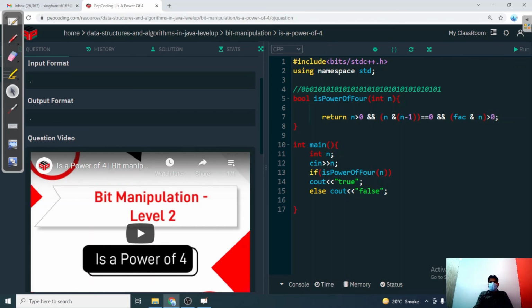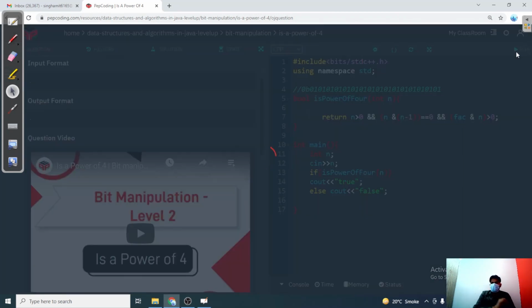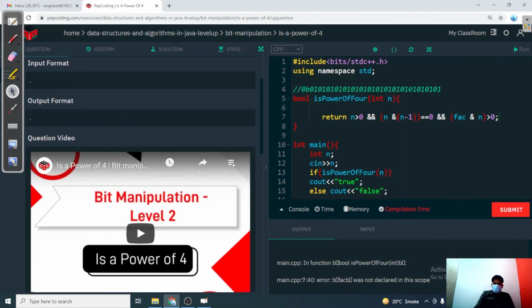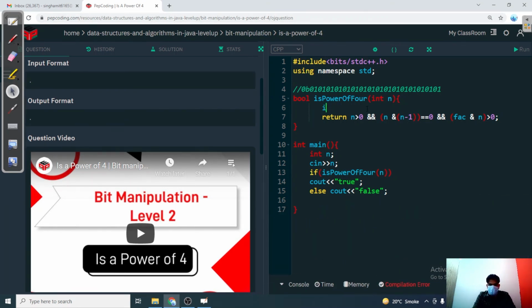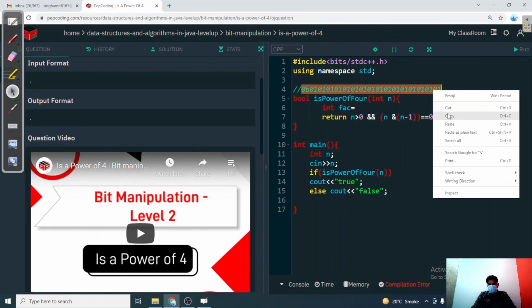First we are checking that our number is greater than 0 or not, and then we put a condition to check whether this number is a power of 2 or not, and then we check whether our number is a power of 4 or not. It means we are checking at which position the 1 is. We have to just take an int variable, which is used to check.